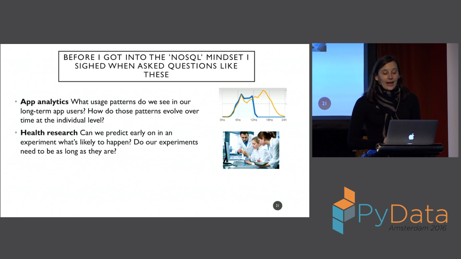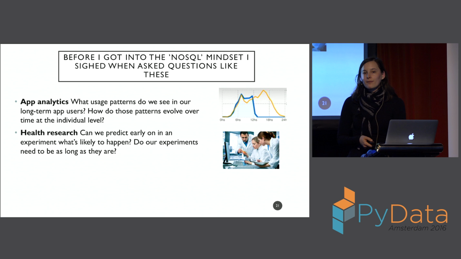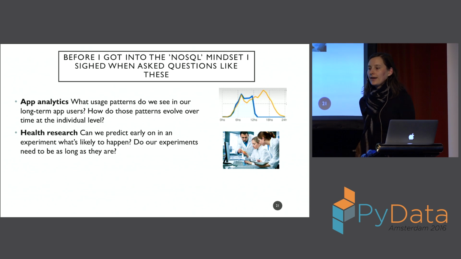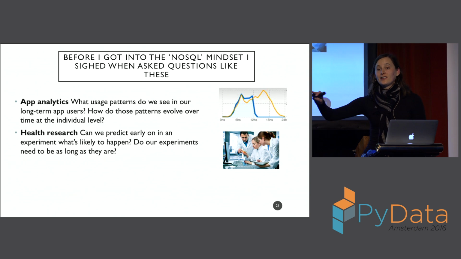Health research. Can we predict earlier on in an experiment what's likely to happen, right? Sometimes people continue experiments for a long time, but you kind of wonder if they actually could have backtracked and figured out much earlier on, oh, you don't need that placebo anymore, let's switch you over. And empirically, we know that that's only done when the results are really, really strong, but people are usually just looking at the overall success number.